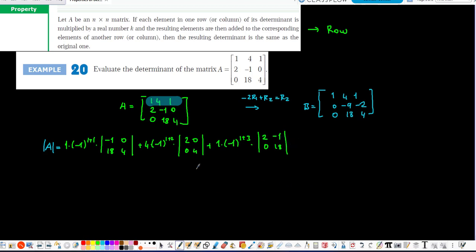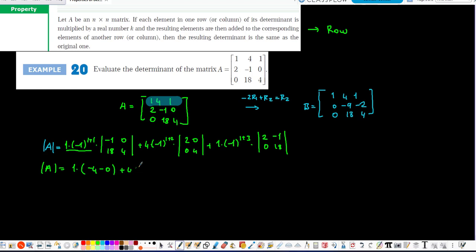Okay, if we calculate this, the determinant of A is equal to positive 1, minus 1 to the power of 1 plus 1, so 1 we are going to get, then minus 1 times 4 minus 18 times 0, which is equal to minus 4.